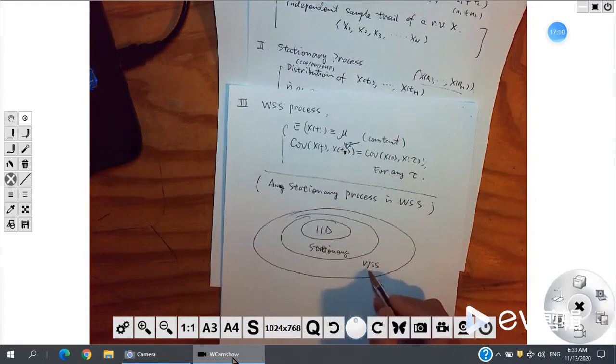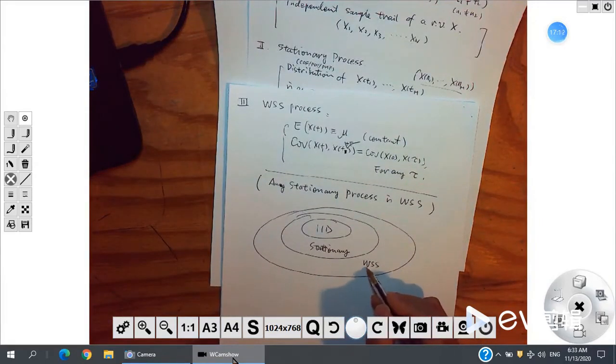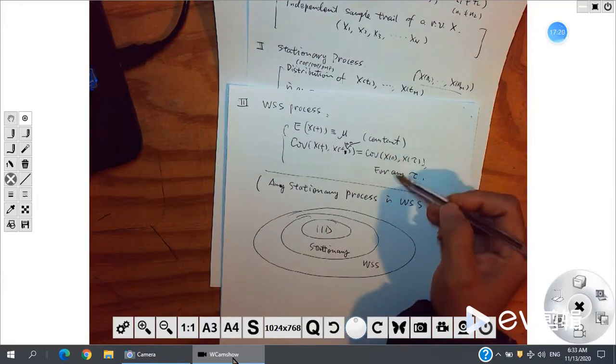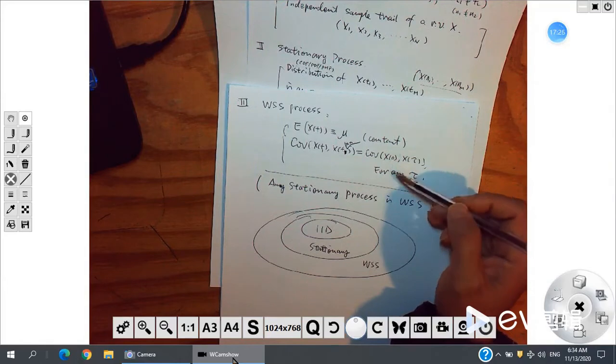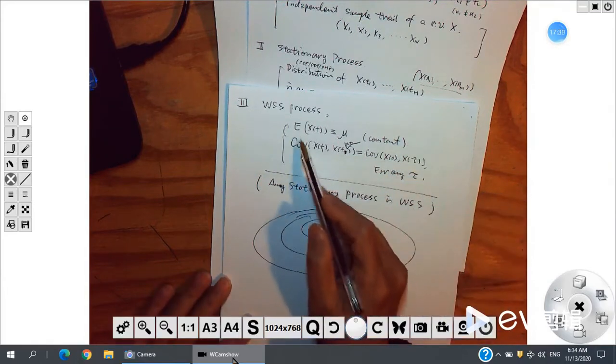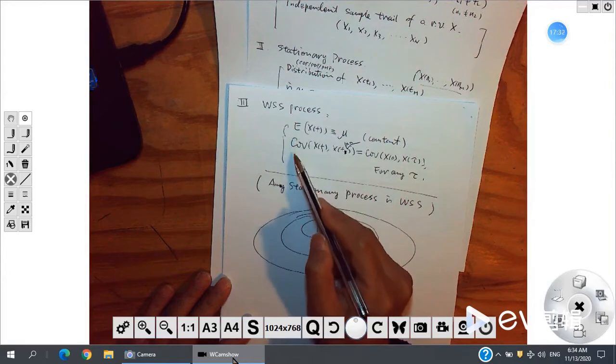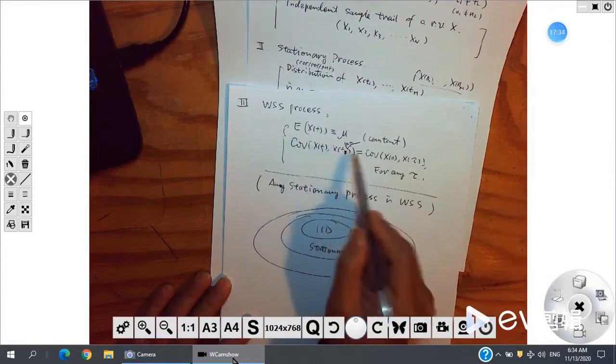This one contains more processes, and it is easier to work with, because we do not need to take care of the distribution. We still need to use the distributions, but in a lot of cases we just need to do the calculation on average values and variance values. We only need to work on these.